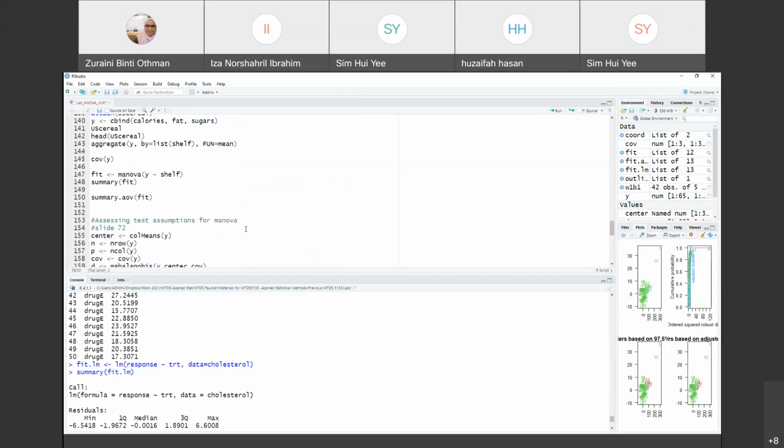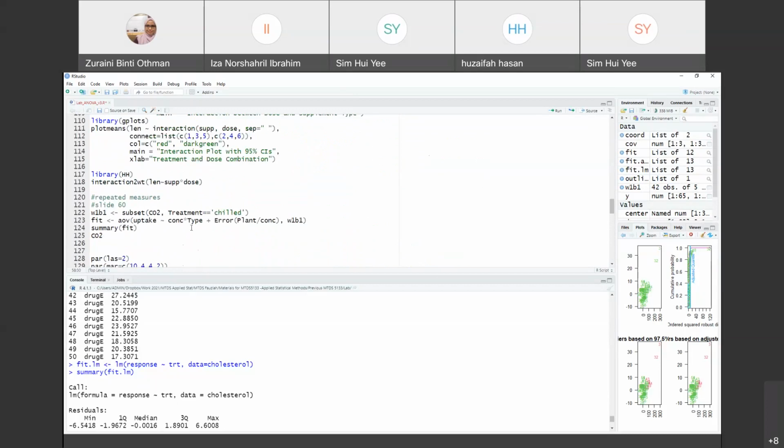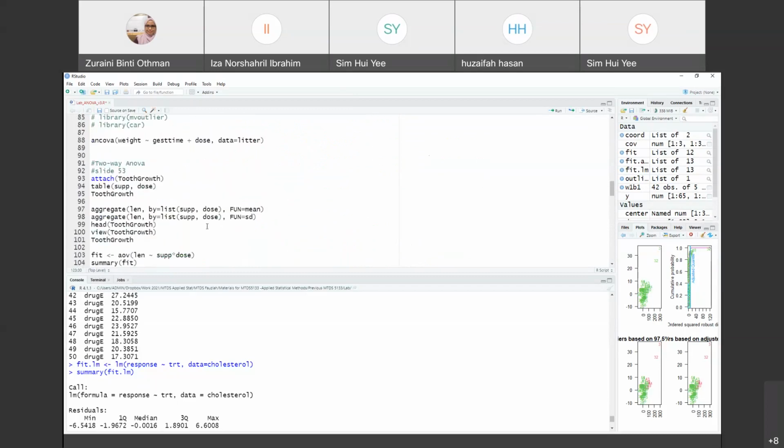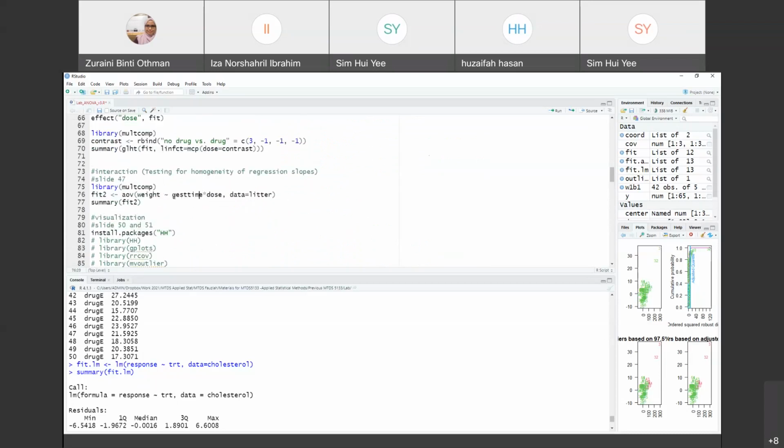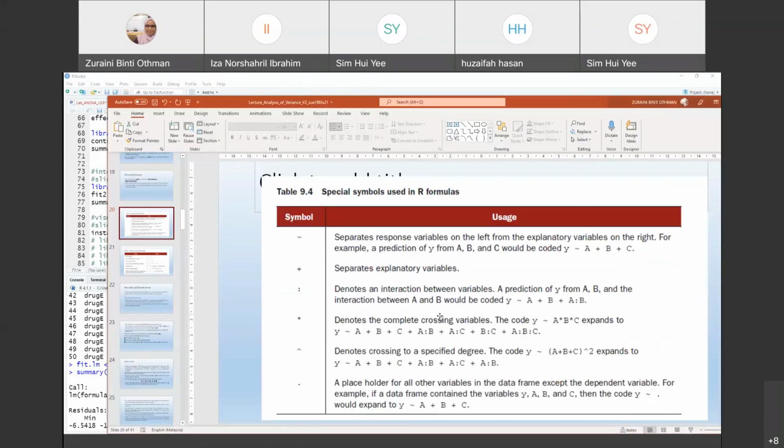For example, just now we used plus. Here it is called concentration times start, and there is another, gestation time plus dose, and from here we can see that we can get this factor. Another one is the dose factor, another one is gestation time, and their relation. It is all already explained in this table, symbol and formula in R.